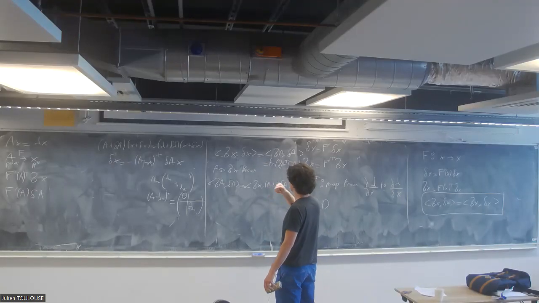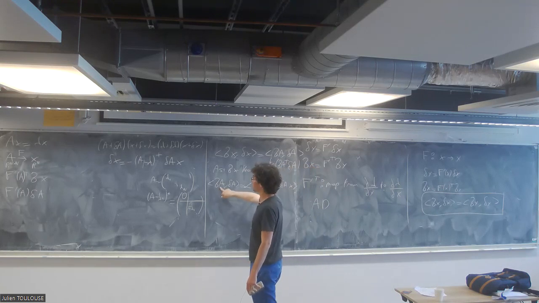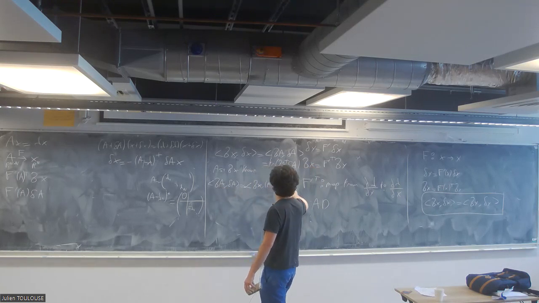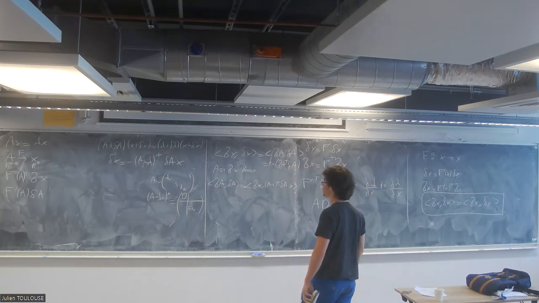So where do I go from this? This will define for me atlet A, but what's delta X? This is a scalar. Yeah, I've managed to make myself confused. Sorry, I should not have improvised this.